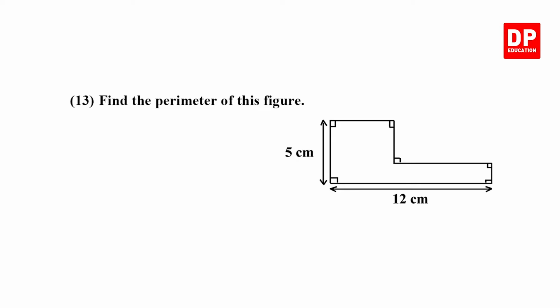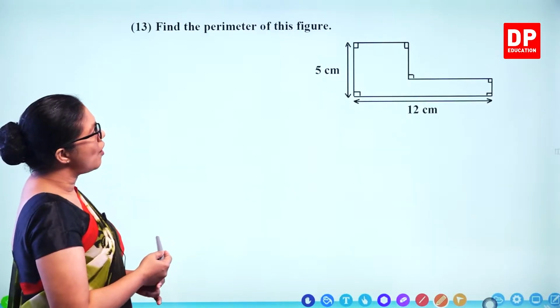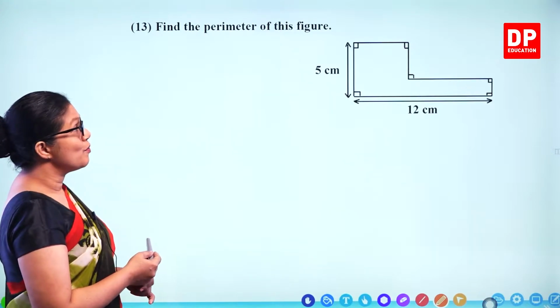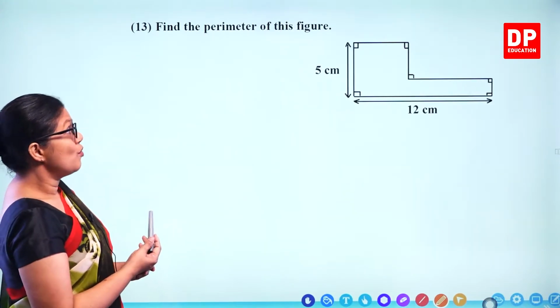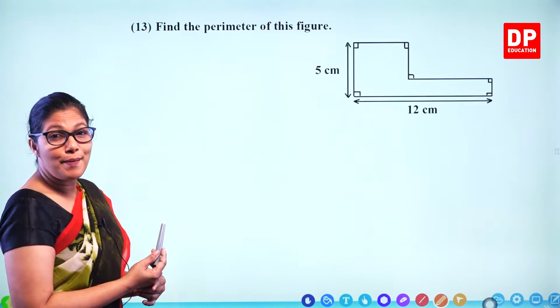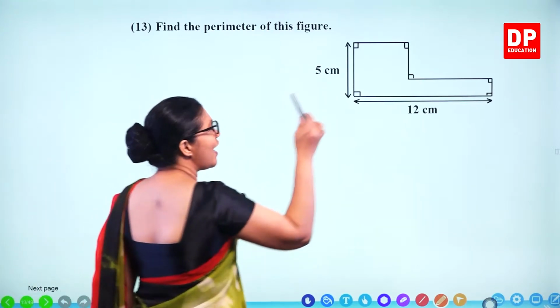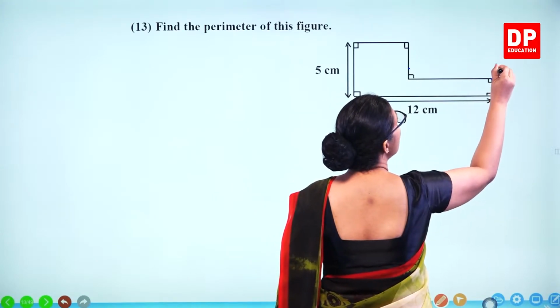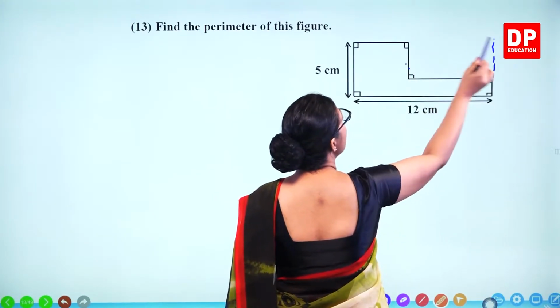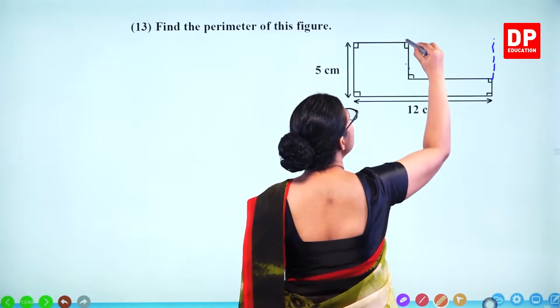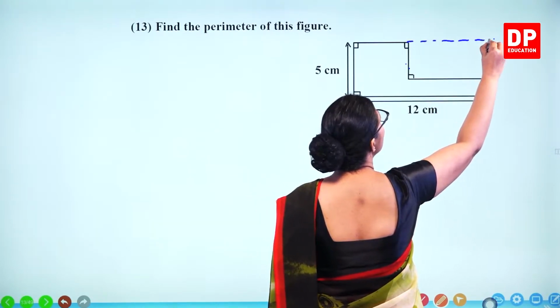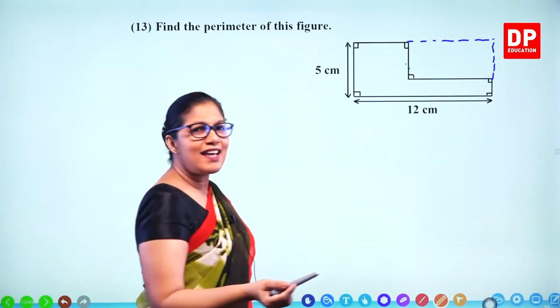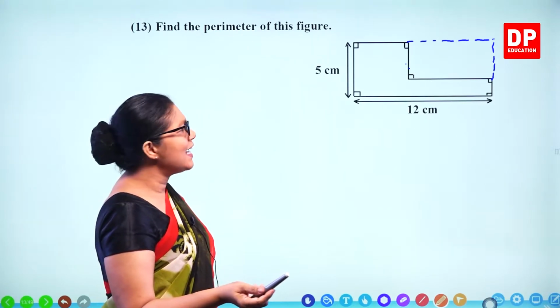Find the perimeter of this figure. So how you find out the perimeter? So most of the students think we don't have measurements to find out the perimeter. But when you look at carefully, when you take this side to this side, I'm moving this length here, moving this length here. What you get? You get a rectangle, perimeter of the rectangle.